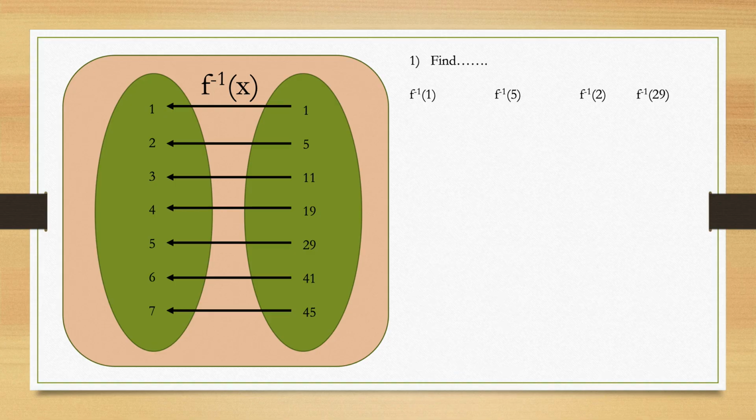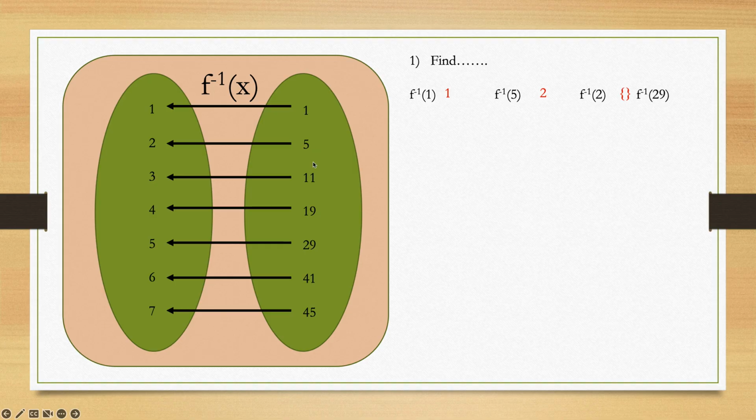Find those 4 values. Remember, you're going with stop and start here. F inverse of 1 is 1. If we have the output of 1, normally what would be the output becomes the input. It goes to 1. F inverse of 5 is 2. F inverse of 2, there is none.